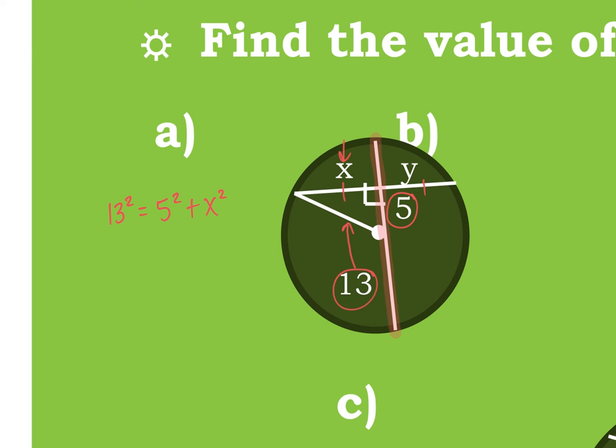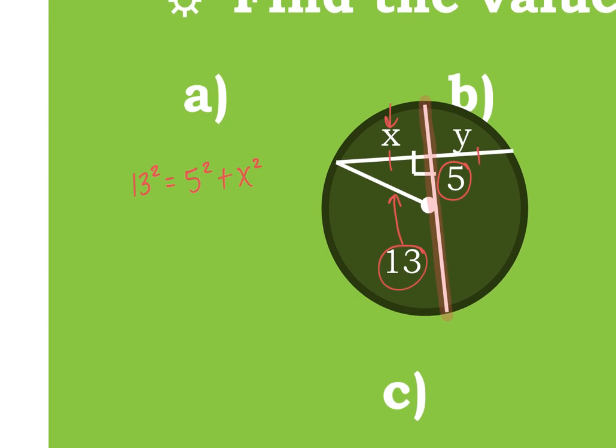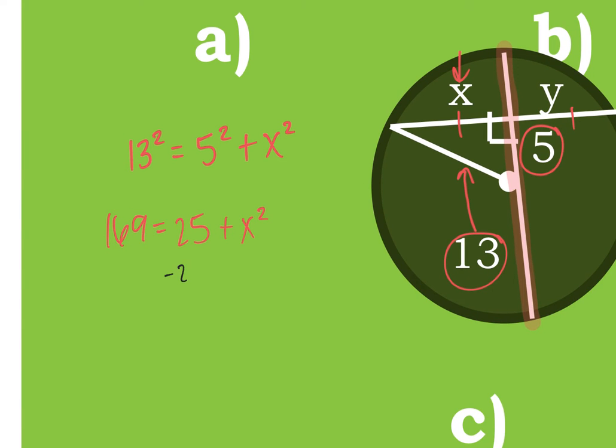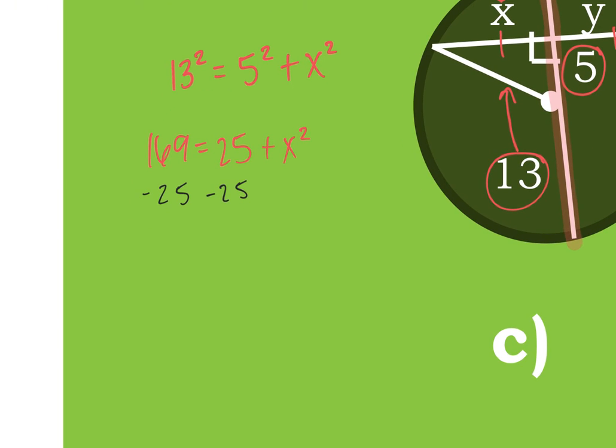What's 13 squared, guys? 169. So 169 equals 5 squared, which is 25, plus x squared. What do we do to solve for x? Subtract 25. What do we get? 144 equals x squared.